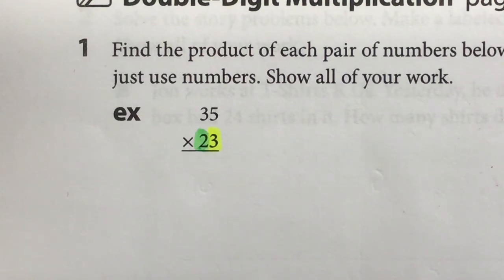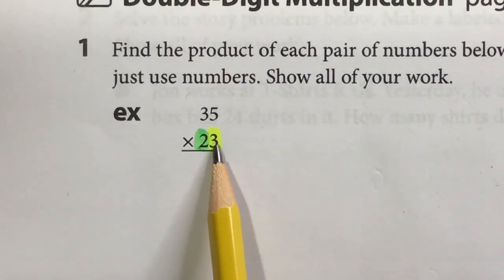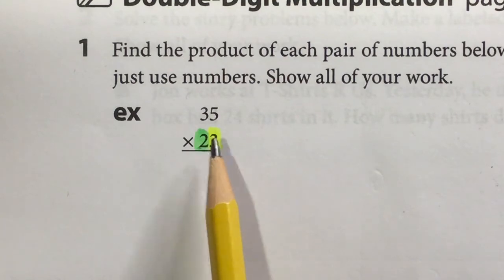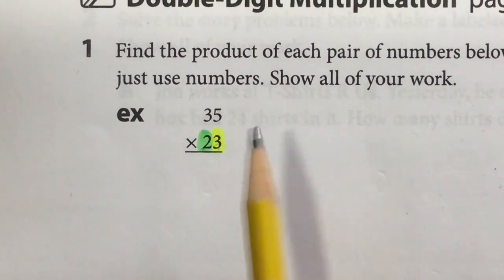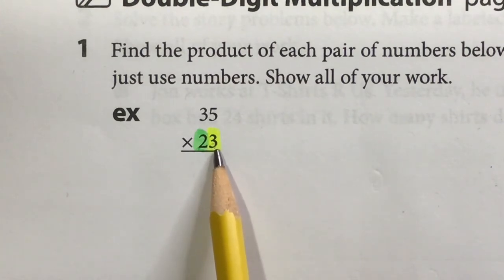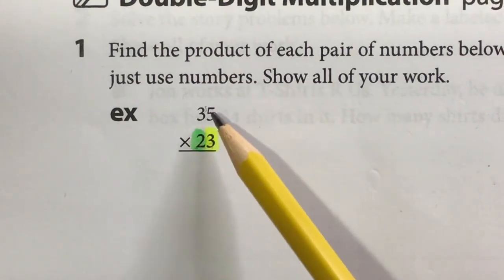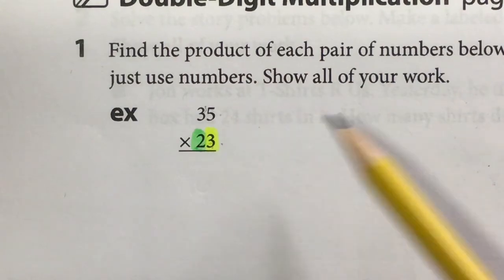You're going to see that I highlighted the 3 and the 2. Sometimes it helps if you think about multiplying the ones place first and then the tens place. This sort of helps you see how the problem is broken apart. So I'm going to start with the ones, or you can see the 3. So I'm going to start with 5 times 3 is 15.